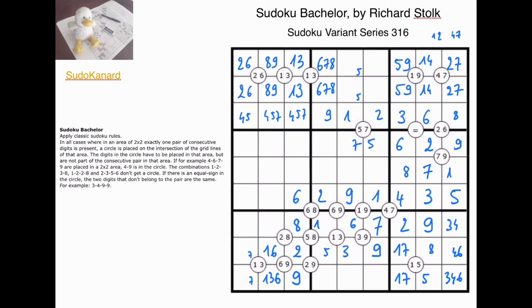This is not a 7. Here, the missing digits are 2, 4, and 8. But 8 is forbidden here. It has to be a 4. This one is 8.